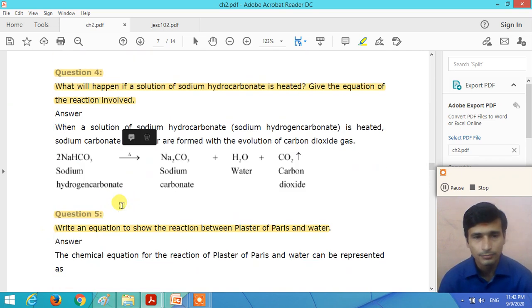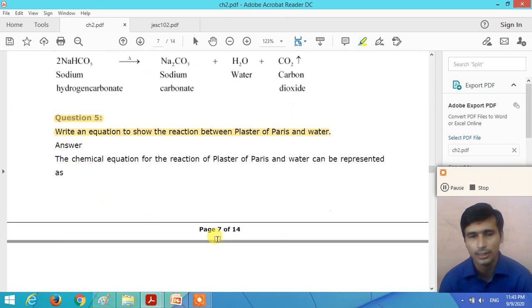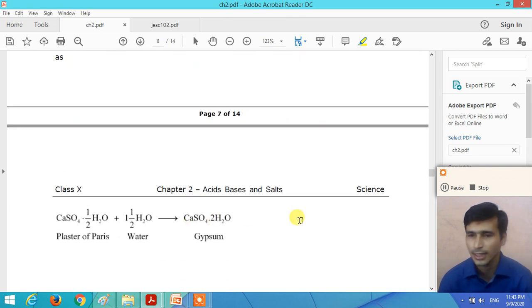Understand? Now question number 5, write an equation to show the reaction between plaster of Paris and water. So the chemical equation for the reaction of plaster of Paris and water is like this. What is the chemical formula of plaster of Paris? Plaster of Paris is calcium sulfate CaSO4 dot 1/2 H2O plus it reacts with water H2O, we get gypsum, right?